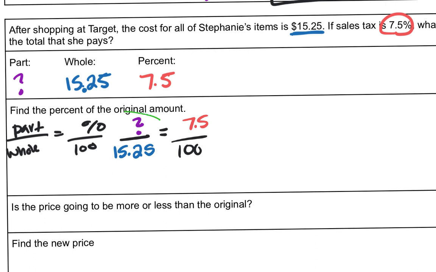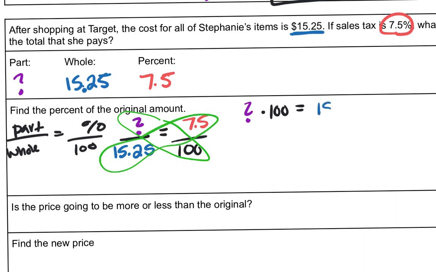I'm going to cross multiply, question mark times 100 equals, cross multiply the other way, 15.25 times 7.5%. I don't know what question mark times 100 is, so I'm just going to leave it alone for now.